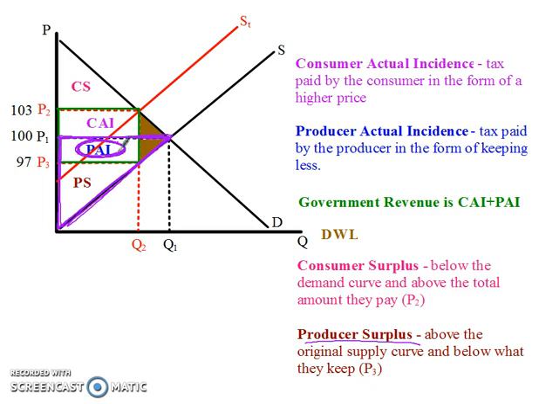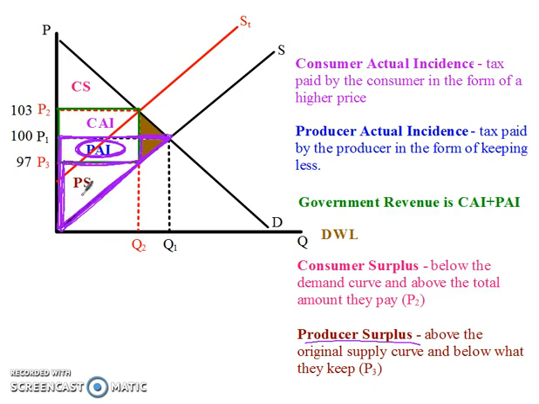So that area is lost to the government, and then this area is lost because it just never happened. Those units never get produced. So the producer loses this area. They're left with this little triangle down here at the bottom. That becomes their producer surplus.